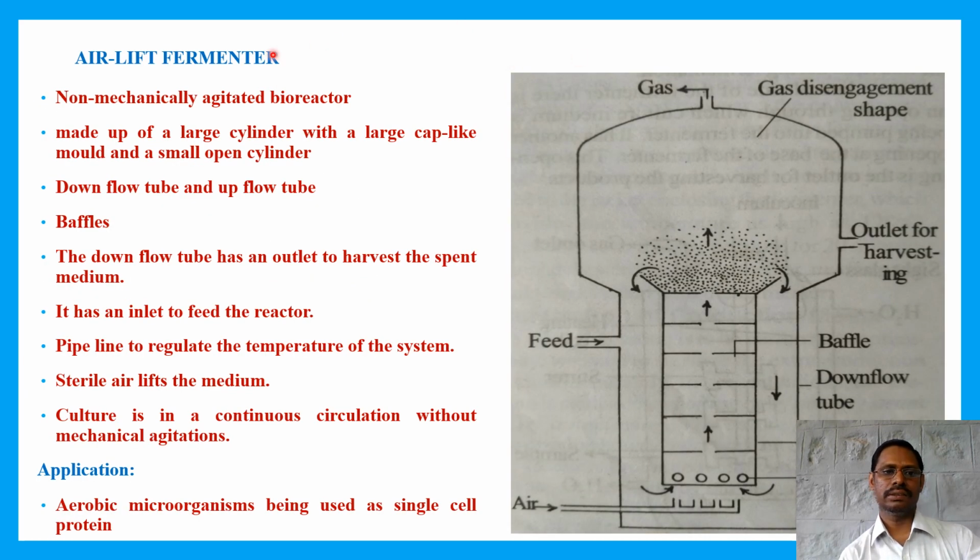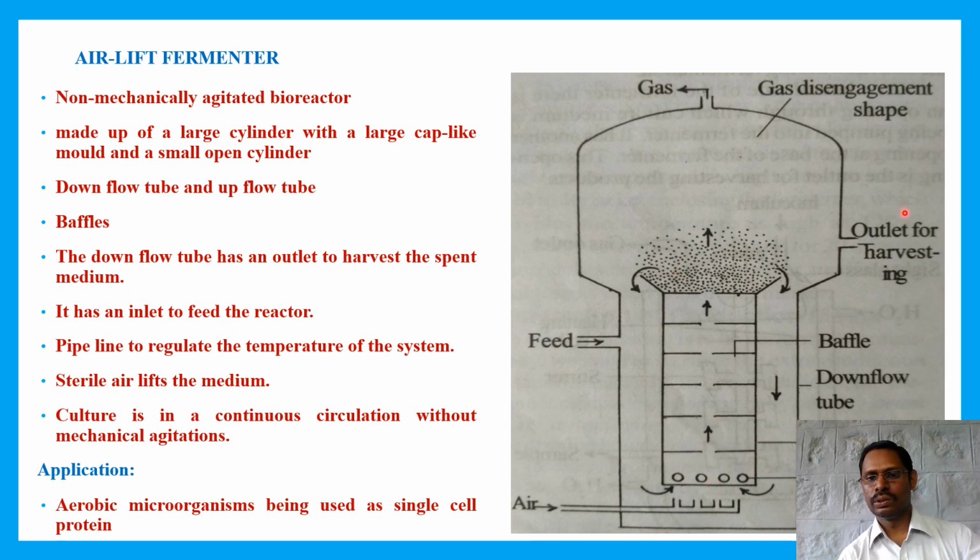The next fermenter is the airlift fermenter. This is also a non-mechanically agitated fermenter. It is made up of two tubes. The outer tube is made with a large mold-like cap, and the inner tube is an open system which is fixed in position.